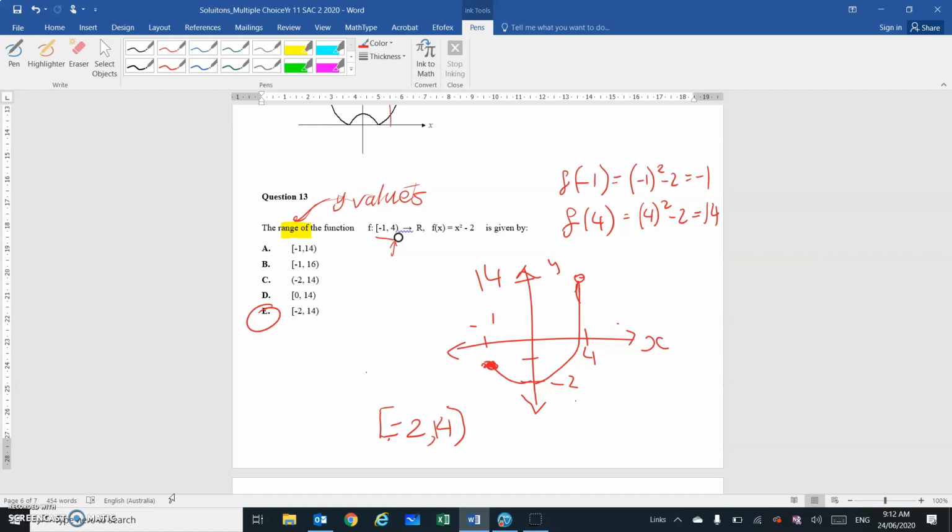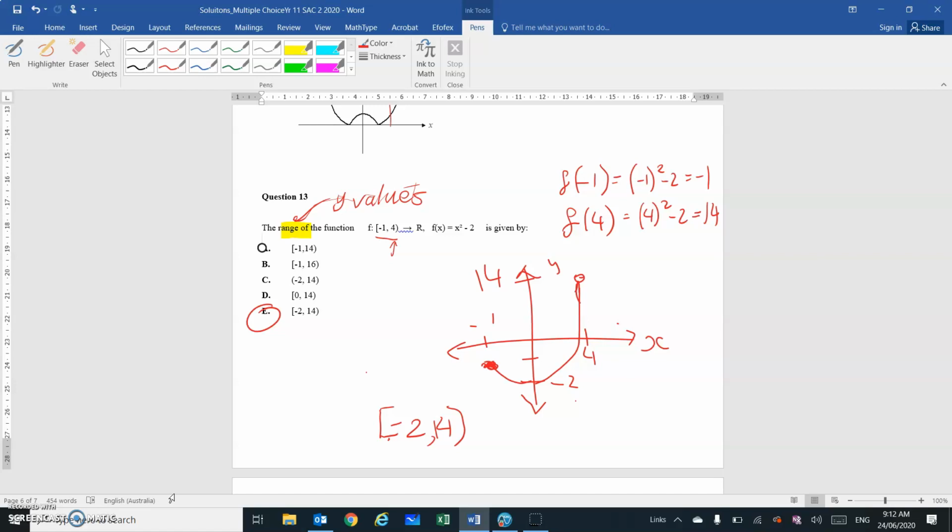But we need to look at the whole graph. So we have the graph y equals x squared minus 2, a parabola moved down 2. You can see in this graph, the turning point is at -2. That is really important because that's actually the lowest point of the graph, so that will be part of your range. You still need to graph the whole thing to see the whole picture. So we've got -2 in there.